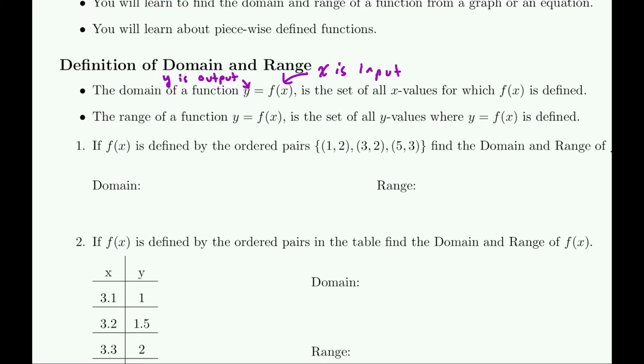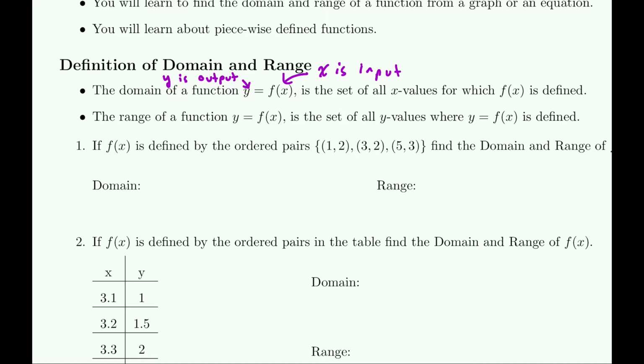You put in whatever x values are allowed and out come some y values. Whatever the y values that can come out of this function are, that is the range. The key here really is just that the x values for the function are the domain and the y values for the function are the range.